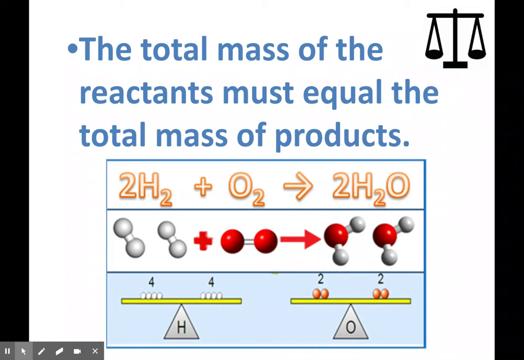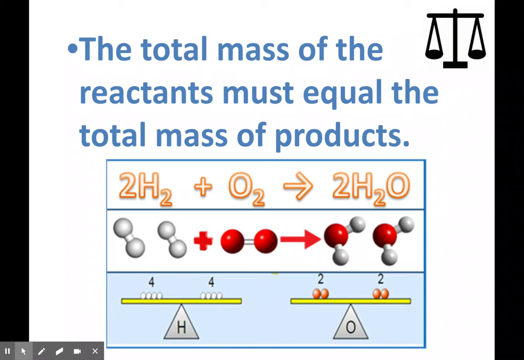One thing that we have to keep in mind, whatever we put in, the mass of that all added together should equal the mass of what comes out. Now, if we were making something like cookies, and we put all the ingredients of the cookies together and found the mass of that, made the cookies, and then found the mass of the cookies afterwards, those should be equal.